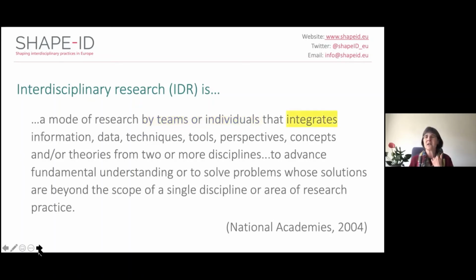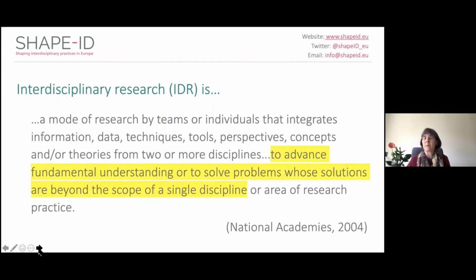The next thing is what the umbrella, unifying theme, if there is one, about interdisciplinary research is: that we're looking for some form of integration, whether that's integrating data or methods or theories or different practitioner perspectives, but there is that element of integration. And then the final thing is that we do interdisciplinary research for different reasons.